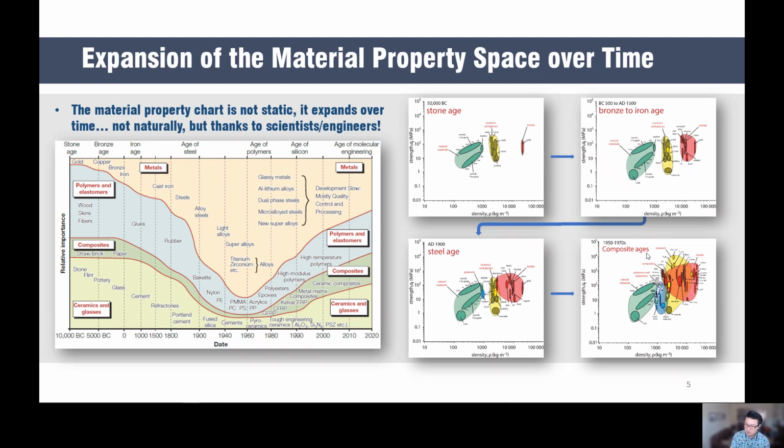We have natural materials, polymers, composites, ceramics, and metals all working together to fill up this material property space, in this case strength versus density. You can imagine that if I change the y-axis and x-axis to other material properties, we'll see a different type of graph. The idea is we want to expand this as much as possible so that other designers, engineers, and scientists can pick the right material for their application.